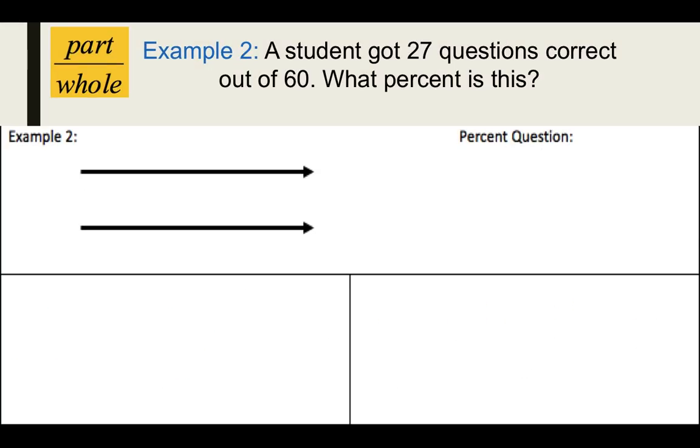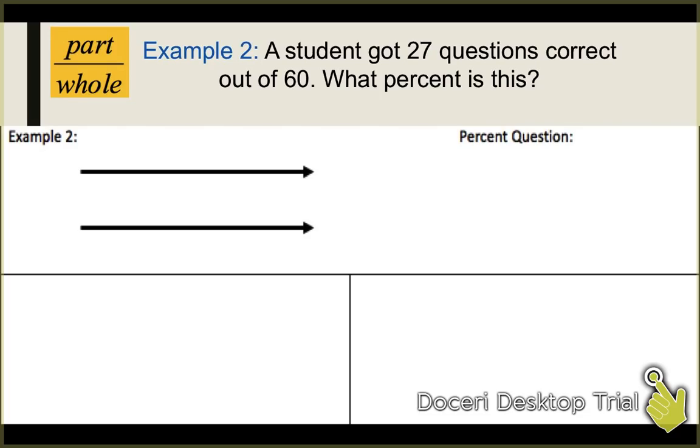It says a student got 27 questions correct out of 60. What percent is this? So we're trying to find the percent. So let's look at what this would look like. So if my top arrow represents my percent, and my bottom arrow represents my test.